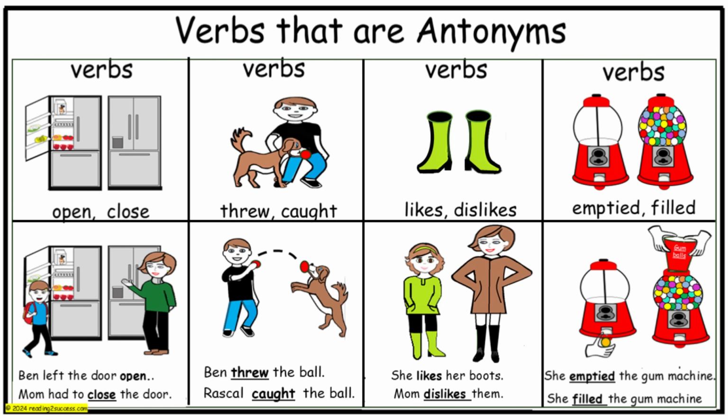Antonyms are different words that have opposite meaning. Remind kids that verbs show action. As done previously, read the two verbs with kids and their sentences. The four examples are open, close, threw, caught, likes, dislikes, and emptied and filled.